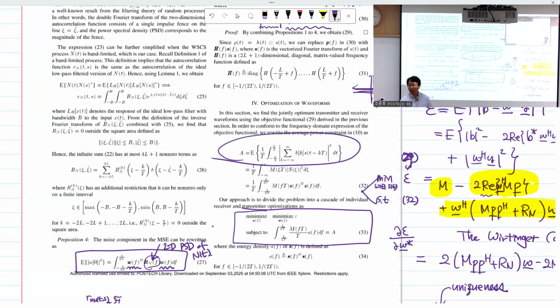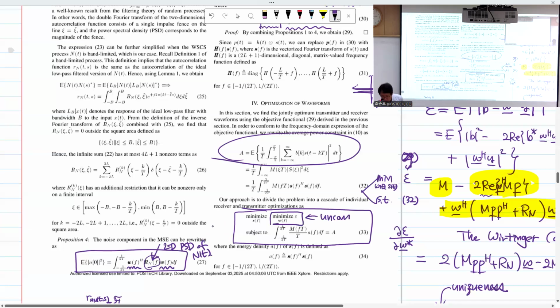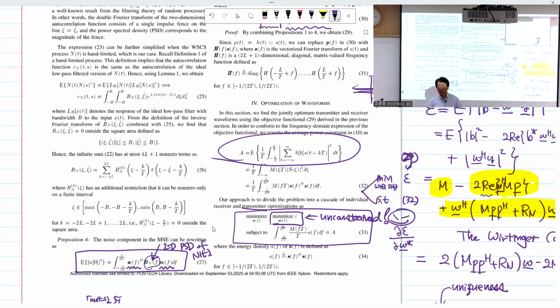And that's very nice. That's why here we put this unconstrained minimization. This is unconstrained. Because it is unconstrained, especially this quadratic minimization, its solution is well known and analytically given.